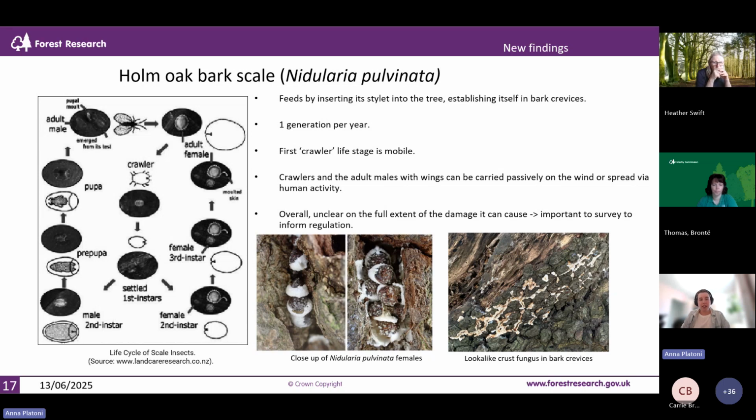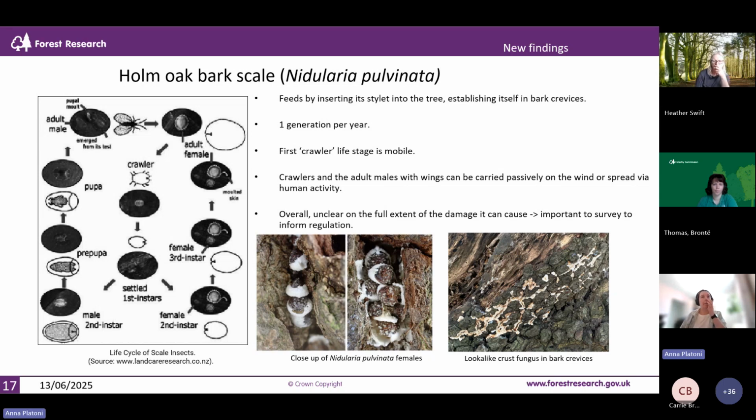The adult females are where scale insects get their name from, because they lose their legs and their mobility. But the very first stage, which are incredibly small, a couple of millimeters long or even less, are mobile. They've got legs, and they can also be blown by the wind or spread via human activity, so brushing past or on tools.